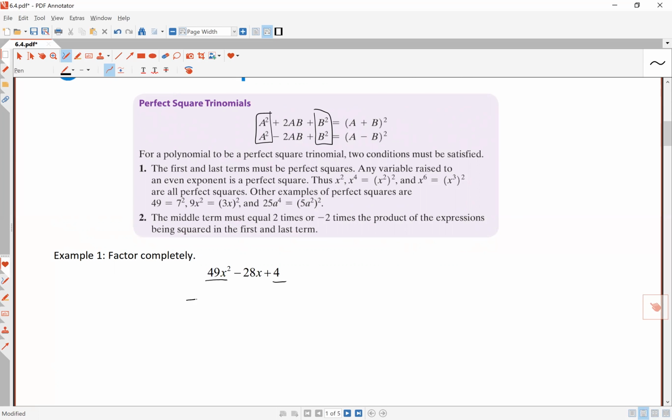So we think of the 49x squared as 7x and 7x, and the 4 as being a 2 and a 2. And because it's a minus sign, we put a minus and a minus, and then we check if this negative 28 is really twice the 2 times the 7x. And so that's 14x and 14x, which is 28x. Therefore, this is a perfect square trinomial, which gives us 7x minus 2 squared.